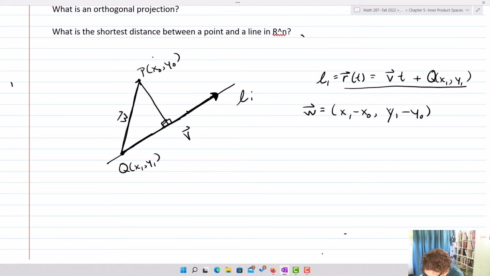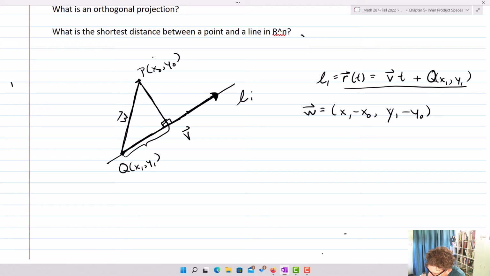And so what I'm going to do is I'm going to squash W onto V. Okay, I'm going to squash W onto V. So I've got W, I'm going to squash it onto V, and essentially the horizontal part, this part right here, that vector right there, okay, is called our orthogonal projection.